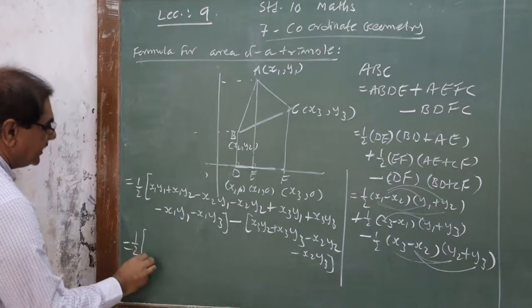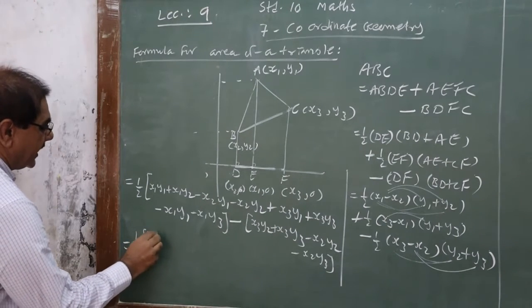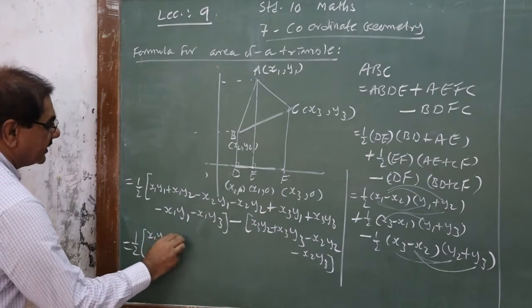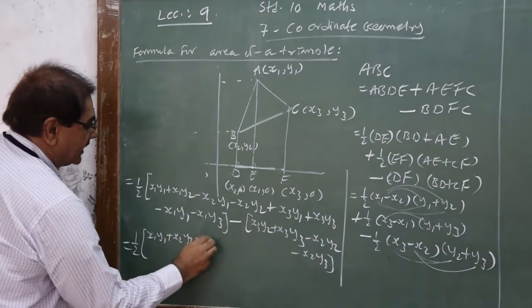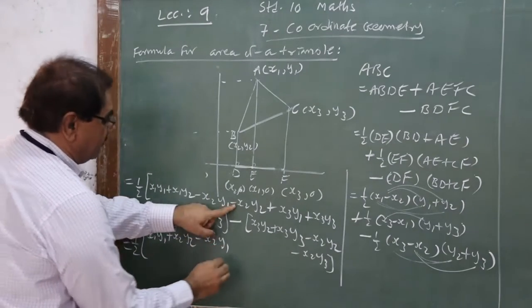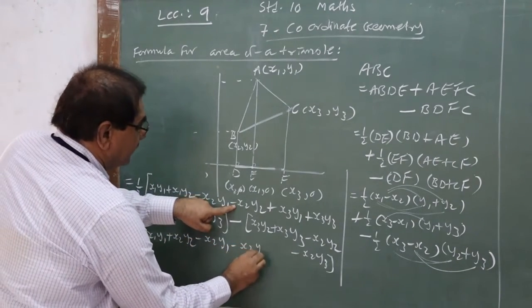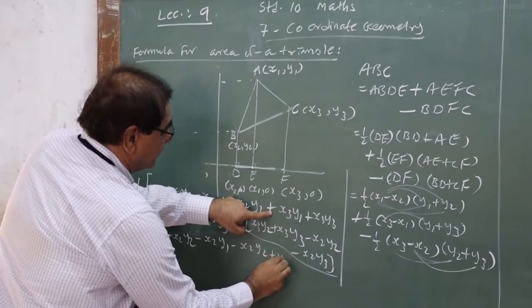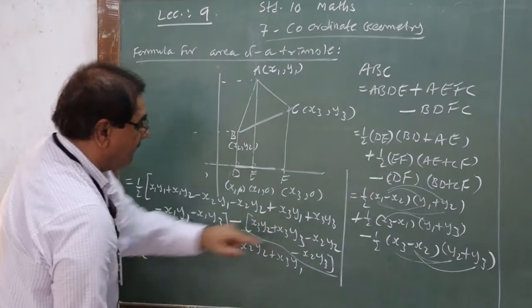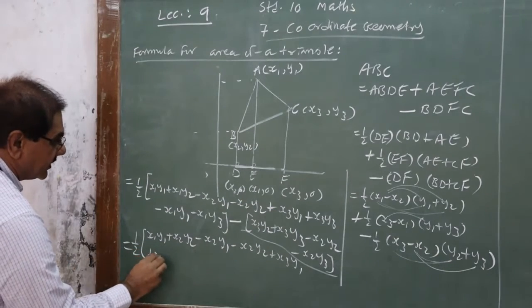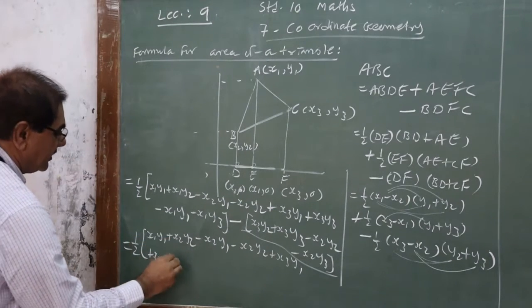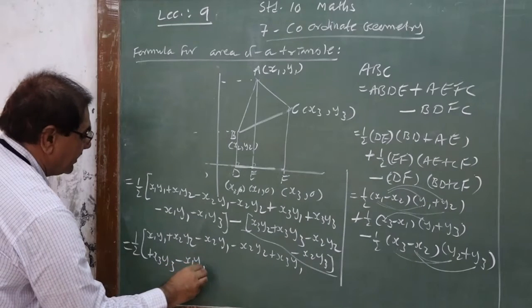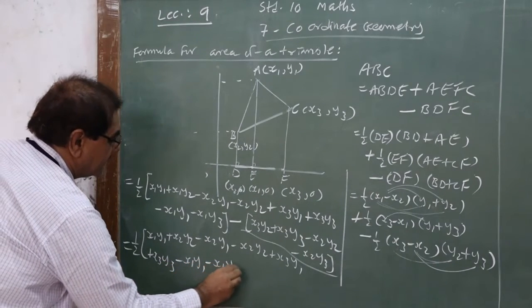1/2 as it is into bracket: x1 y1 plus x2 y2 minus x2 y1 minus x2 y2 plus x3 y1 plus x3 y3 minus x1 y1 minus x1 y3.